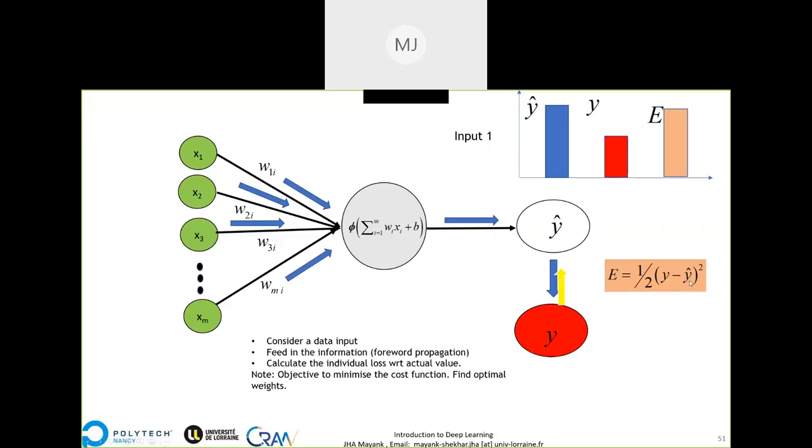Those of you who have worked in optimization, those of you who have worked with gradients, will know that what we are going to do is take a gradient of the loss. The gradient of this term, y minus y hat, gives you 2 times y minus y hat, followed by the derivative of this term.